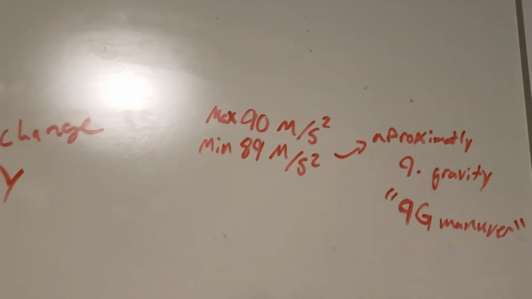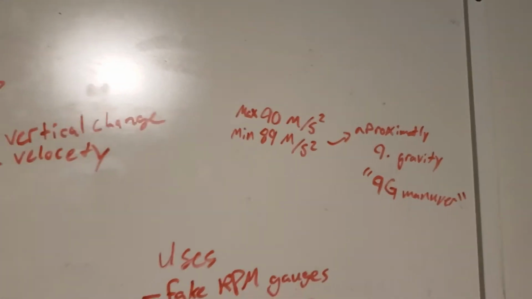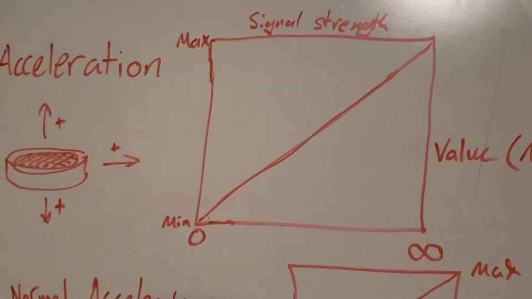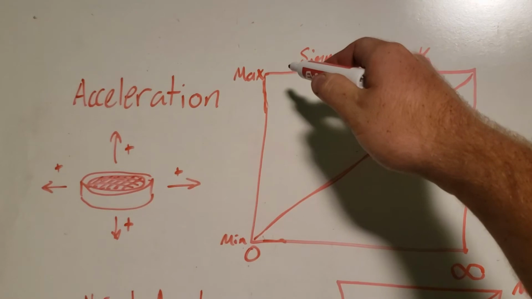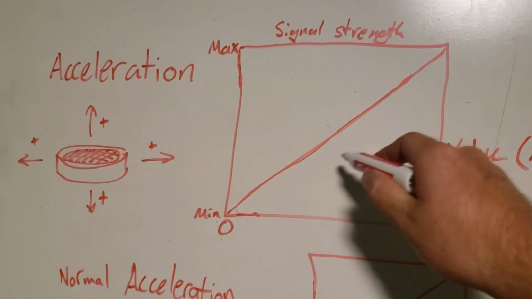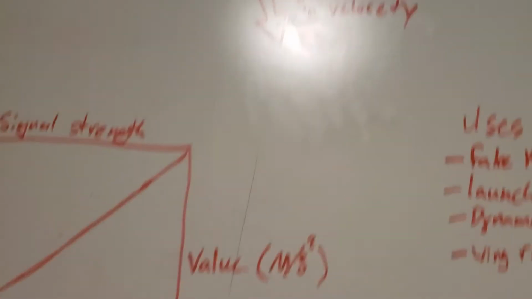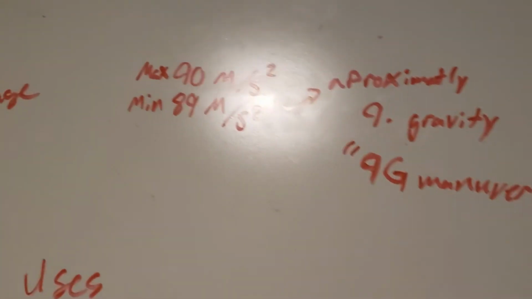So here would be 89 and there would be 90. So once you pass into that range, anything in here is going to detonate a detonator on your plane, which would limit you to 9G maneuvers.